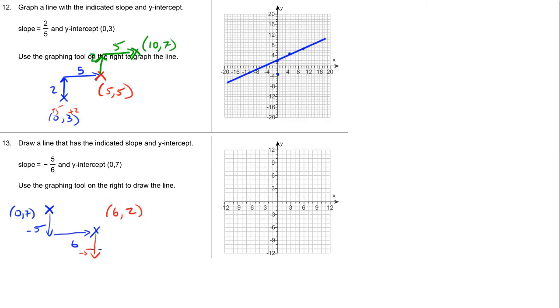We're going to go down 5 and over 6, and that'll take us to this point, which is 12, negative 3. So start at 0, 7. Go over to 6, 2. End up at 12, negative 3. And let's connect them. Looks good.